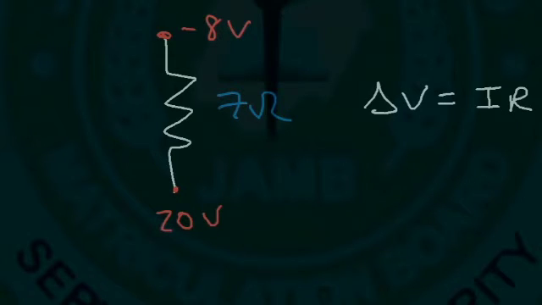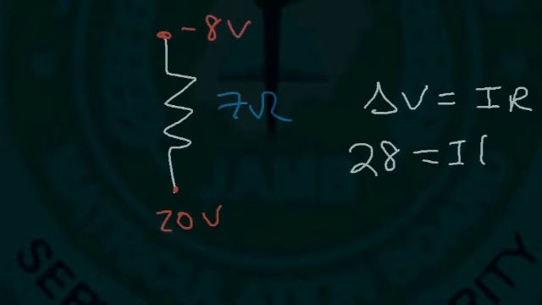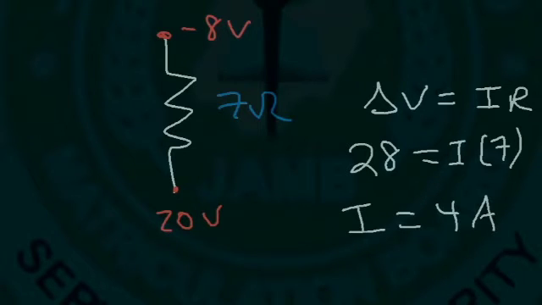The change in voltage, or potential difference, is 20 minus negative 8, which is the same as 20 plus 8. So these two differ by 28 volts. 28 divided by 7 is 4. So the current is 4 amps. And 20 volts is higher in potential than negative 8. So the current flows from high to low. In this case, it's going up.